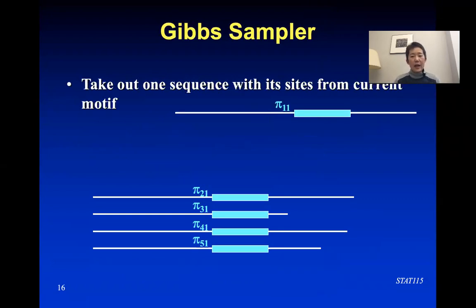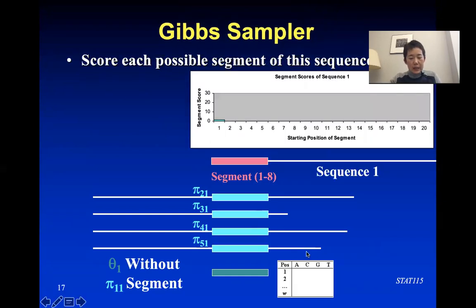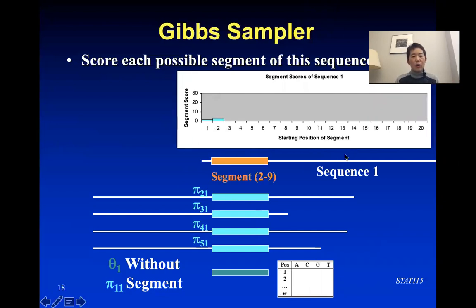Then we take the first sequence out. And when this is out, the matrix will change slightly because this little fragment is now taken out. We now use the current matrix to score every little fragment in the first sequence that's taken out, and each will give us a score.